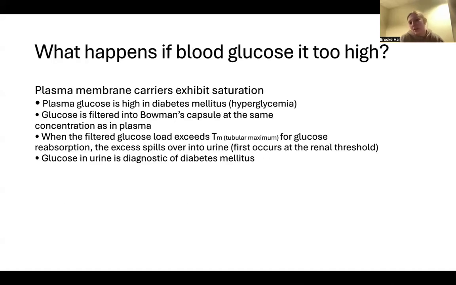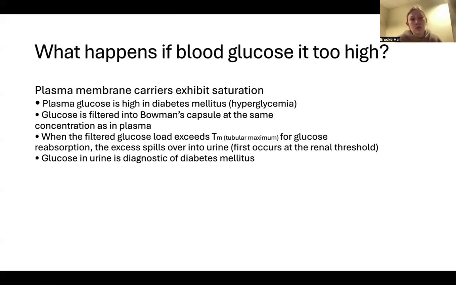So what happens if blood glucose is too high? This can happen because the plasma membrane carriers exhibit saturation, meaning there is a max value they can accept. Plasma glucose is high in diabetes mellitus, also known as hyperglycemia, and glucose is filtered into the Bowman's capsule at the same concentration as in plasma.